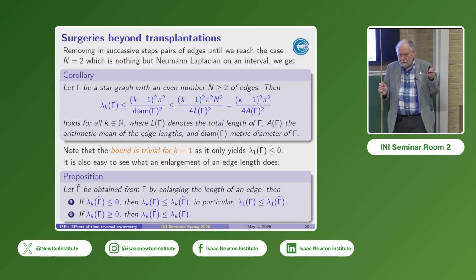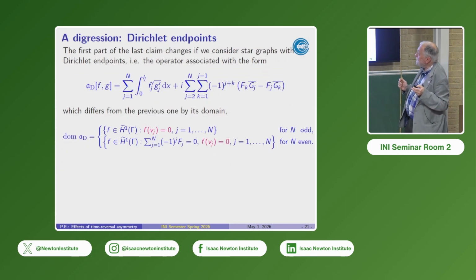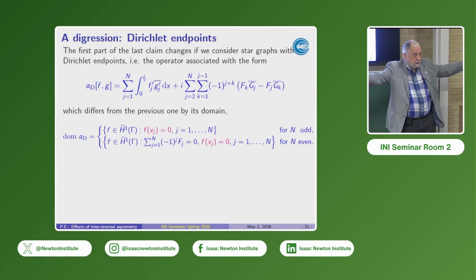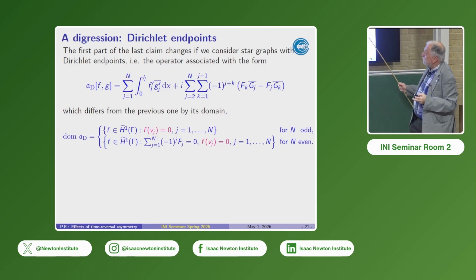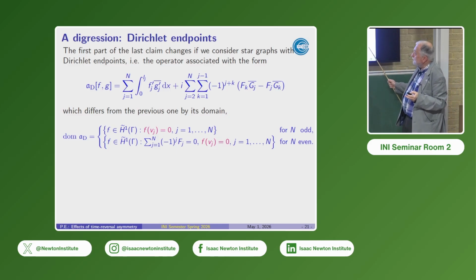Now, as a comment aside, I took a star with Neumann conditions. If I put instead Dirichlet endpoints, then the form is like that.